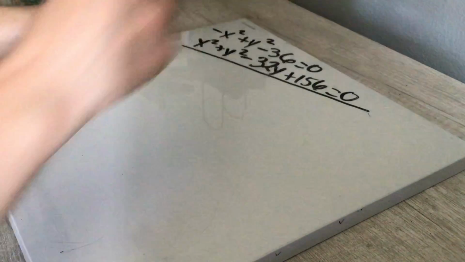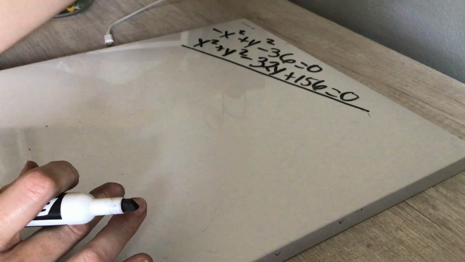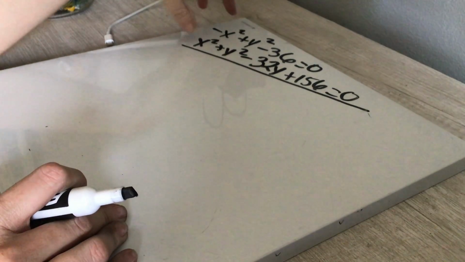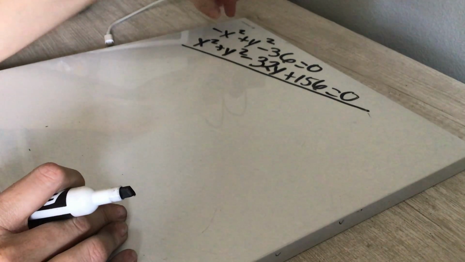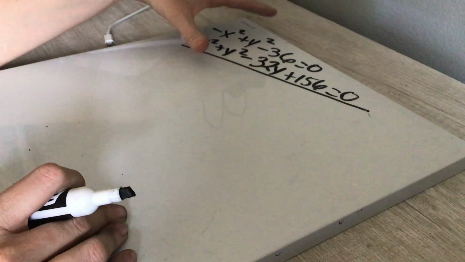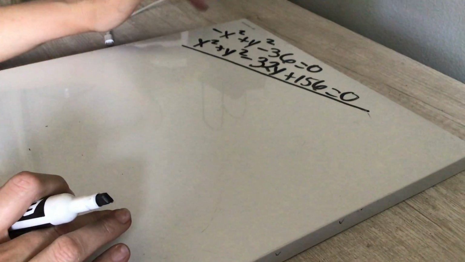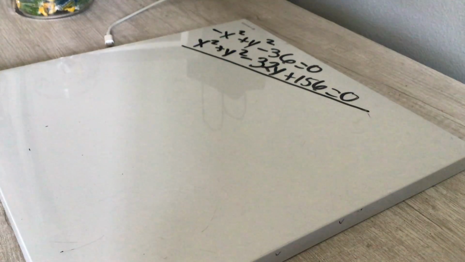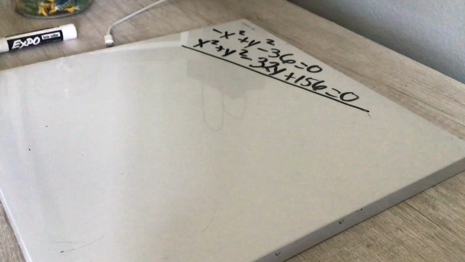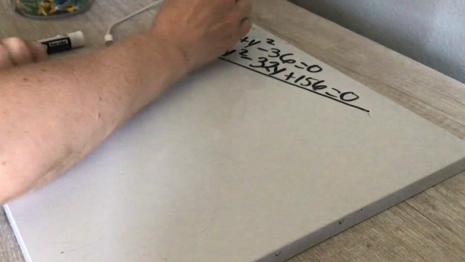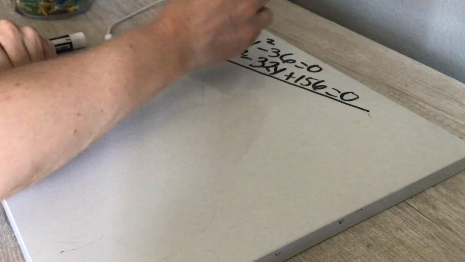Remember, with linear combination, the key is to cancel out one of your variables. X is going to be easier to cancel out because we have just an x squared term. Y, we have y squared and y over here. So look at the coefficients, make sure they're opposites. I have a negative x squared and a positive x squared. So I'm just going to add my two equations together.